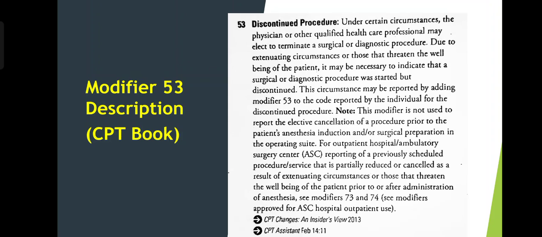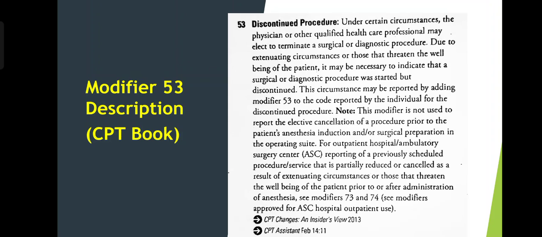Modifier 53 description you can also see here, whatever is present in the CPT book. Discontinued procedure. Under certain circumstances, the physician or other qualified healthcare professional may elect to terminate a surgical or diagnostic procedure due to extenuating circumstances or those that threaten the well-being of the patient.